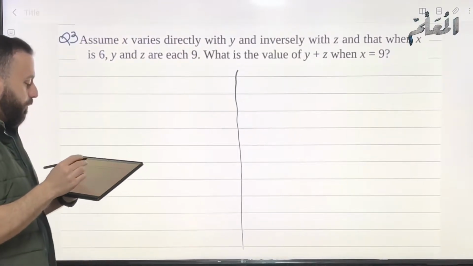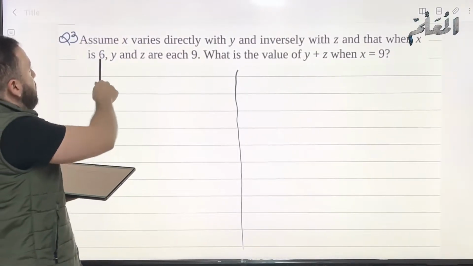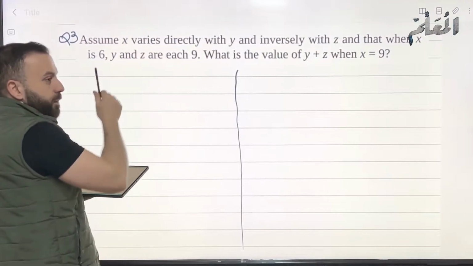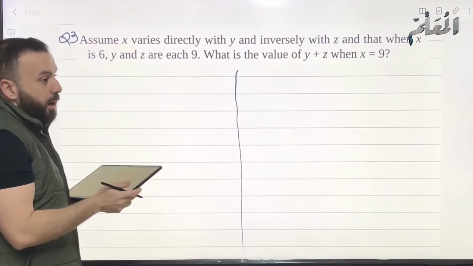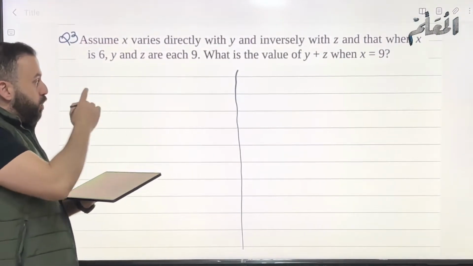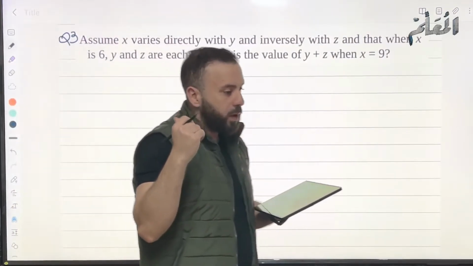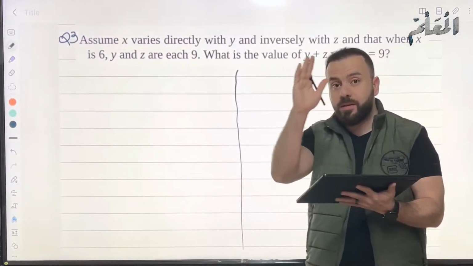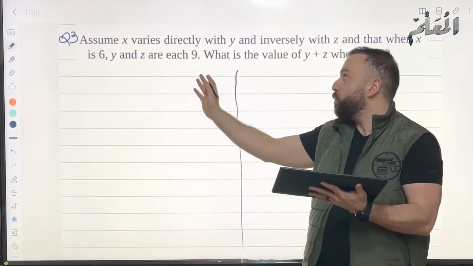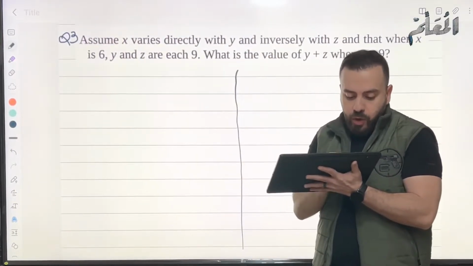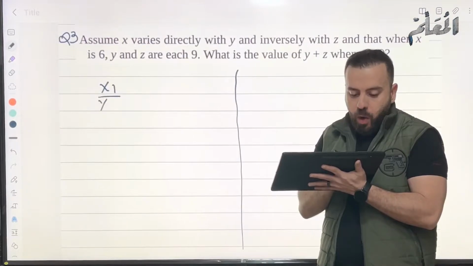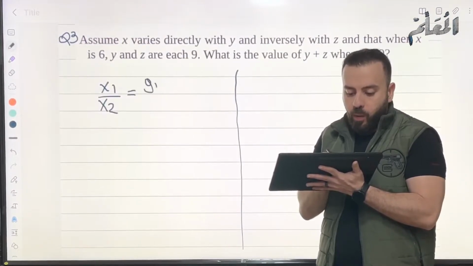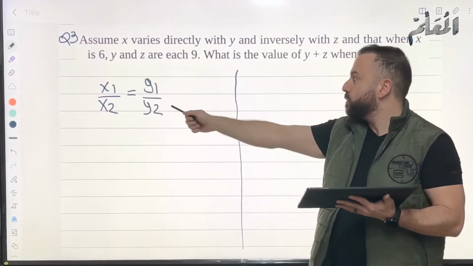The first thing, there is one relation. Assume that x varies directly with y. To solve such a question, the direct proportionality between x and y is going to be x1 over x2 equals y1 over y2.